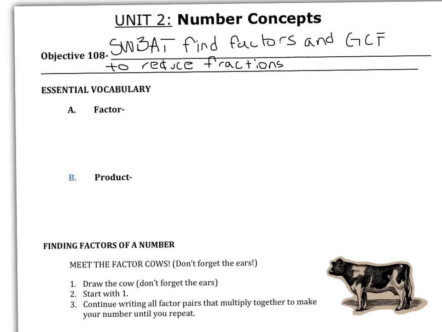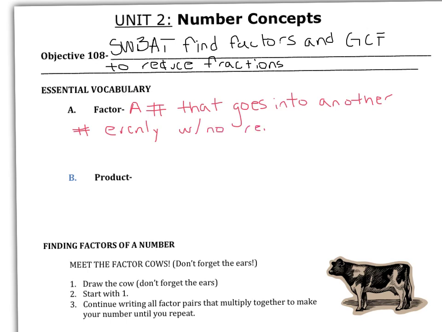The first term is the word factor, and a factor is a number, and again remember I'm using that symbol to represent number, a number that goes into another number evenly with no remainder.